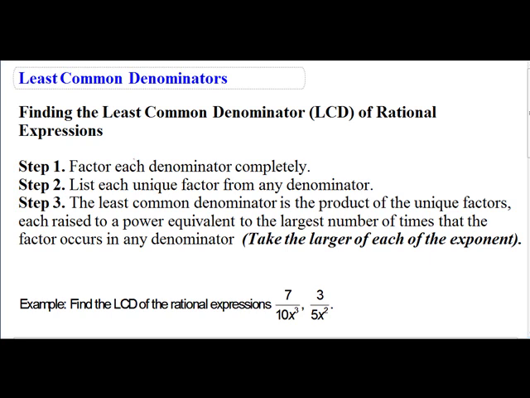First step is to factor out each denominator completely. Second, list each unique factor from any denominator.